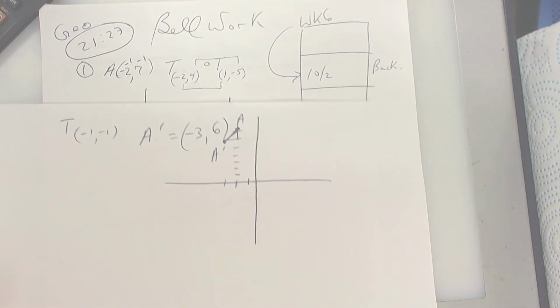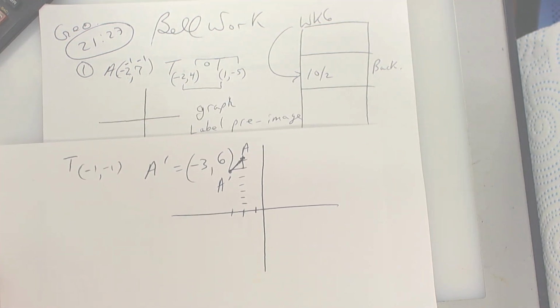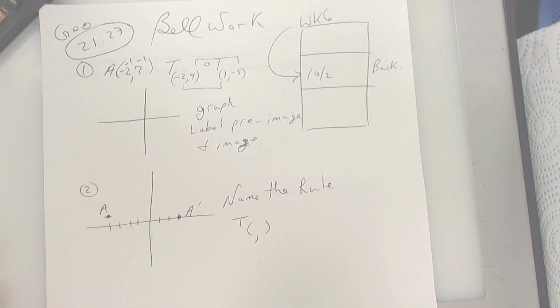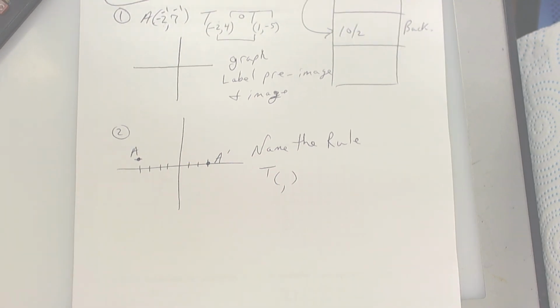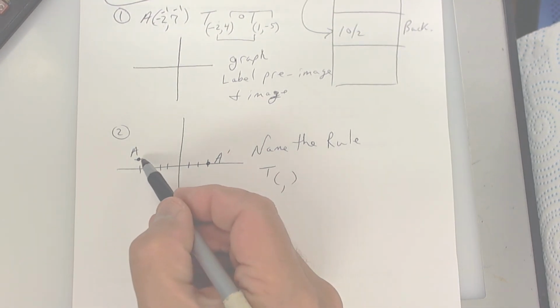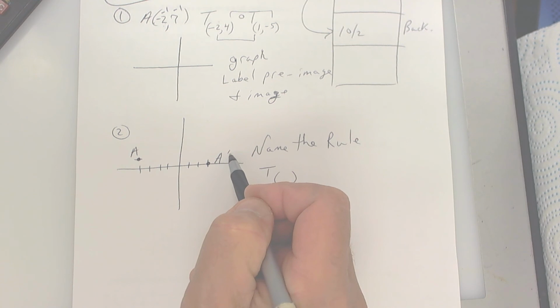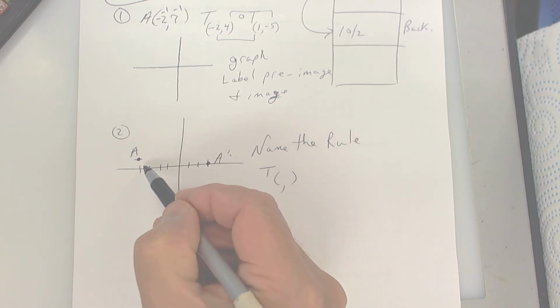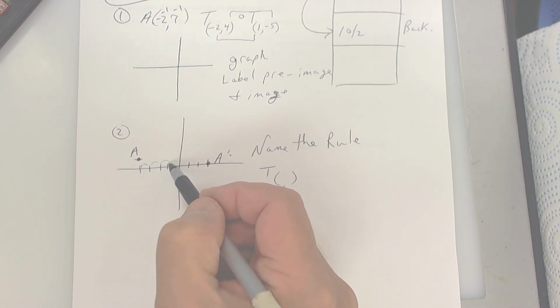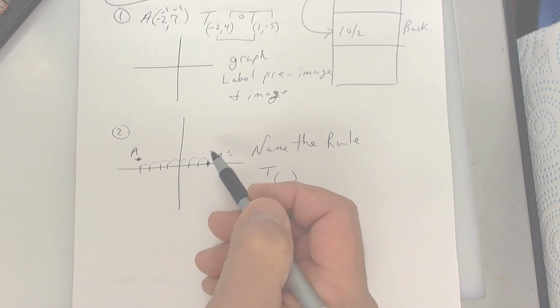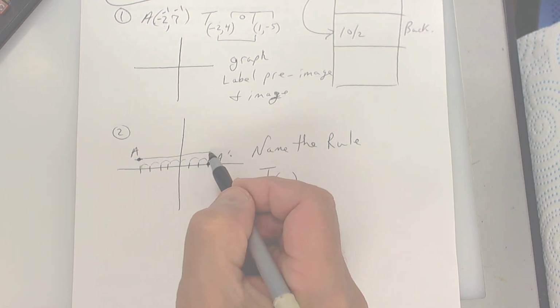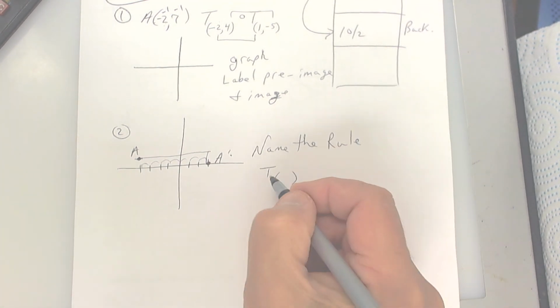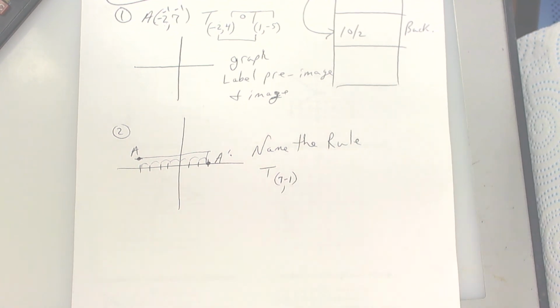Or to the left 1 and down 1. Okay? This one right here says name the rule. Well, you're starting here and you're going to the prime. So you're moving it 1, 2, 3, 4, 5, 6, 7. So you're moving it over 7 and then down 1, I think. So it's going to be 7, -1. That's the rule.